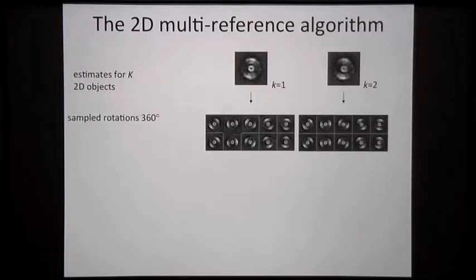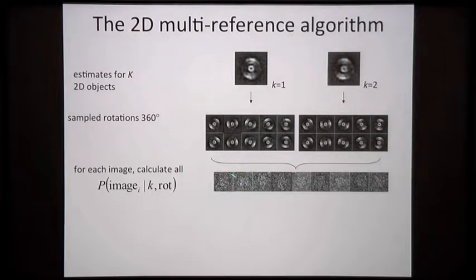And for all our experimental images, we're going to compare every very noisy experimental image in all rotations and translations with each of these 2 different classes, okay? So not only are we going to calculate probability for every orientation, but it's every orientation for every class, okay? So we're just expanding our array of missing variables.